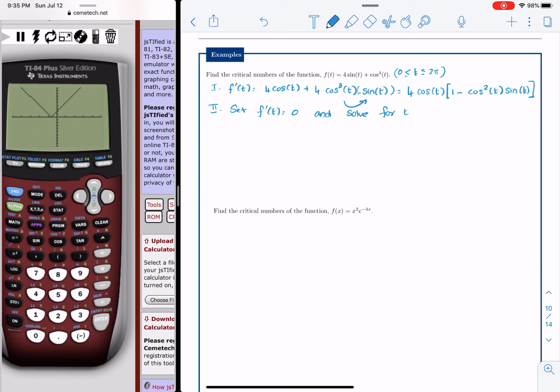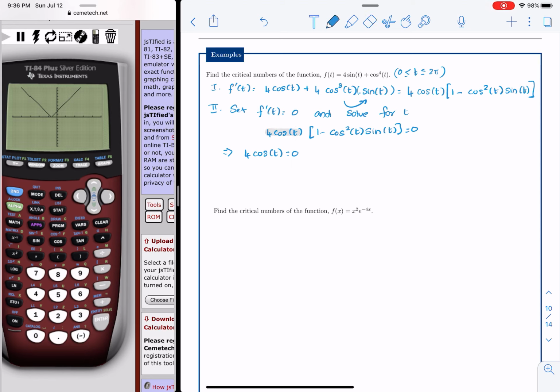So we have to solve for t by setting the derivative equal to 0. So 4 cosine t multiplied by 1 minus cosine squared t times sine t must equal 0, which would imply 4 cosine t equals 0. That would be the first part.